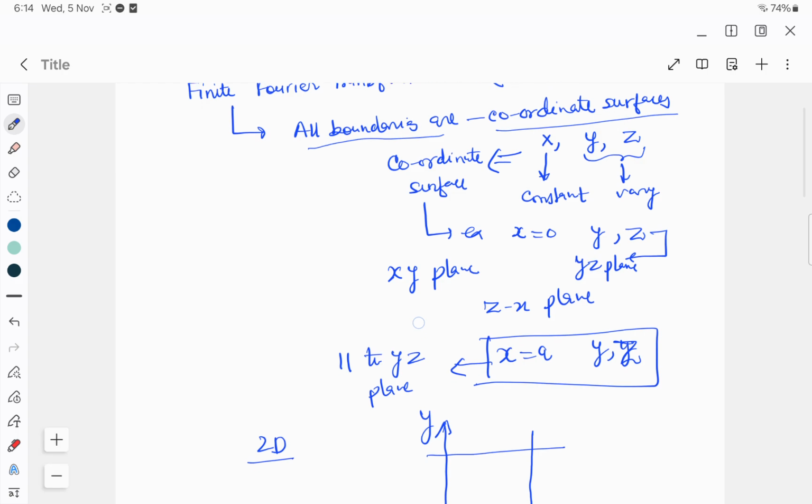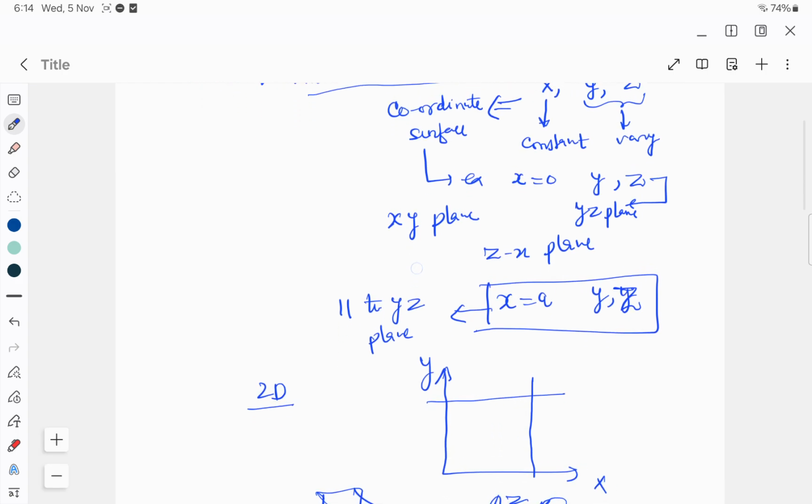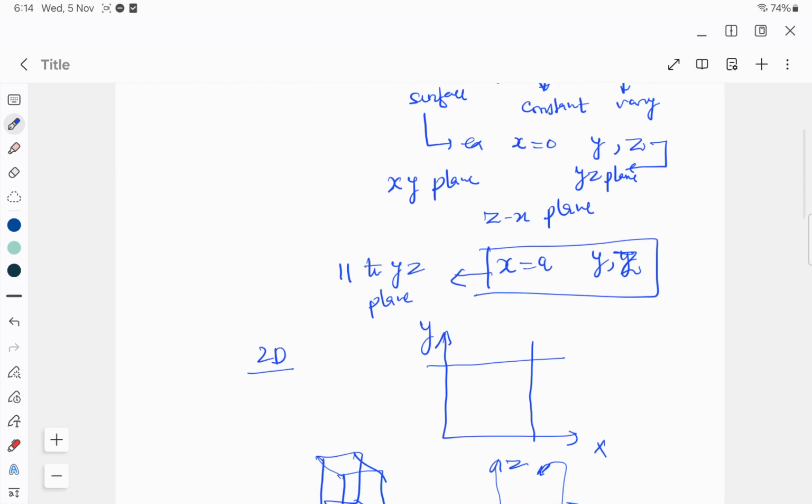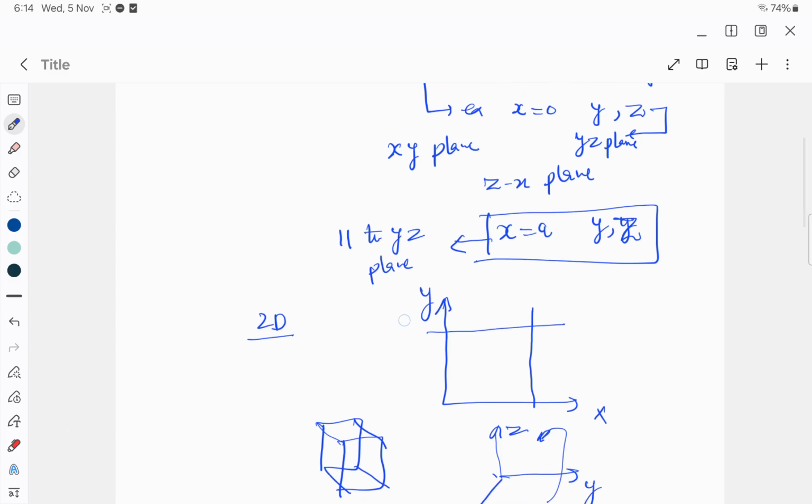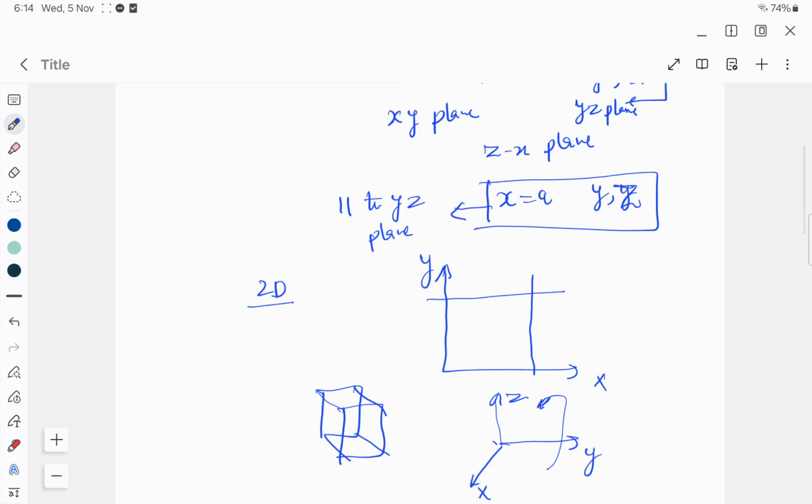Once all boundaries are coordinate surfaces, this further limits the eigenfunction expansion method to domains that have a certain regular shape. This restriction is not as severe as it first seems, because orthogonal curvilinear coordinate systems have been deployed for numerous geometries.